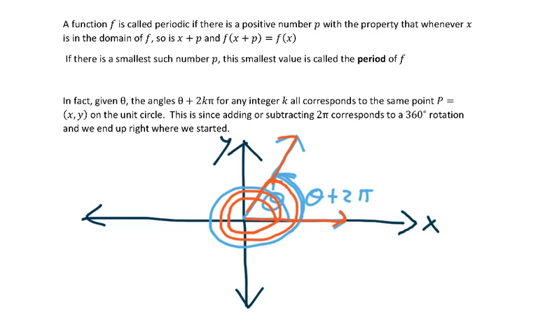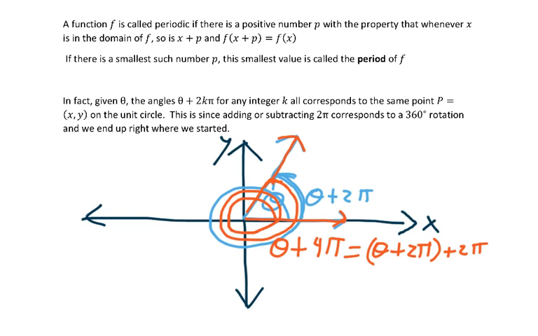So this angle in red is theta plus 4 pi, which again is theta plus 2 pi, but then we're adding another 2 pi. And if you were to subtract 2 pi instead, the only difference is that you would rotate the other way. Either way, what I'm trying to say is all angles of the form theta plus 2k pi are coterminal with theta. Their terminal and initial sides are the same.